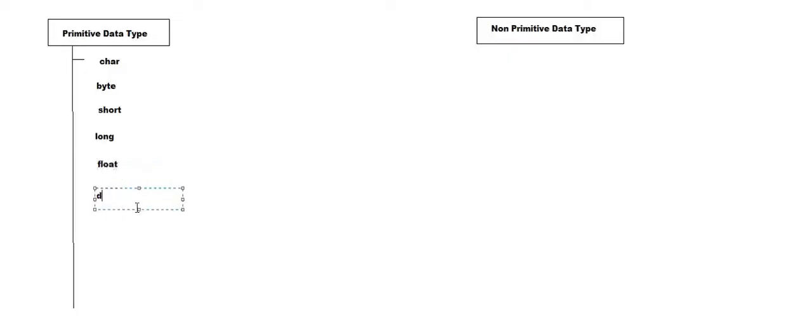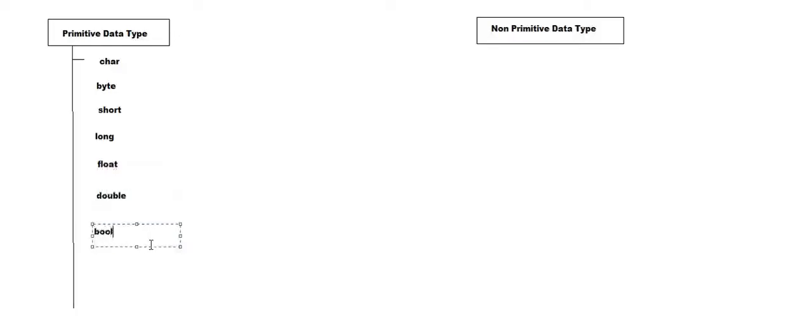So we will make a list of those here. The first data type is char, the second one is byte, the third one is short, the fourth one is long, the fifth one is float, and we have double and boolean.